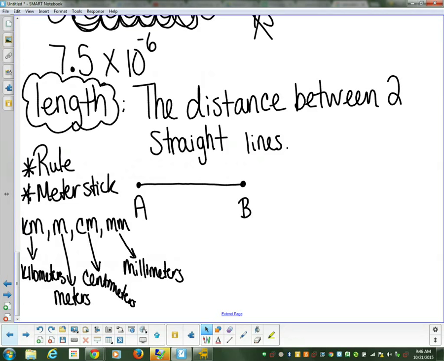Okay? By the way, why are we not using things like inches or miles, any of those type of things? Yep. They're not metric. So you want to make sure that when you're measuring things that you are using the metric system.